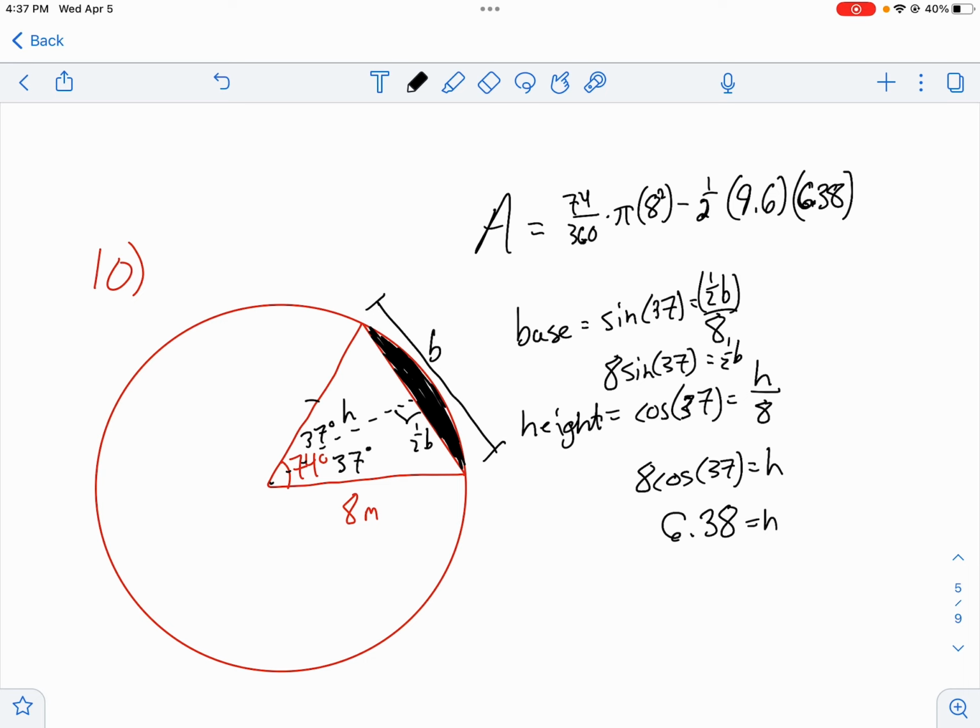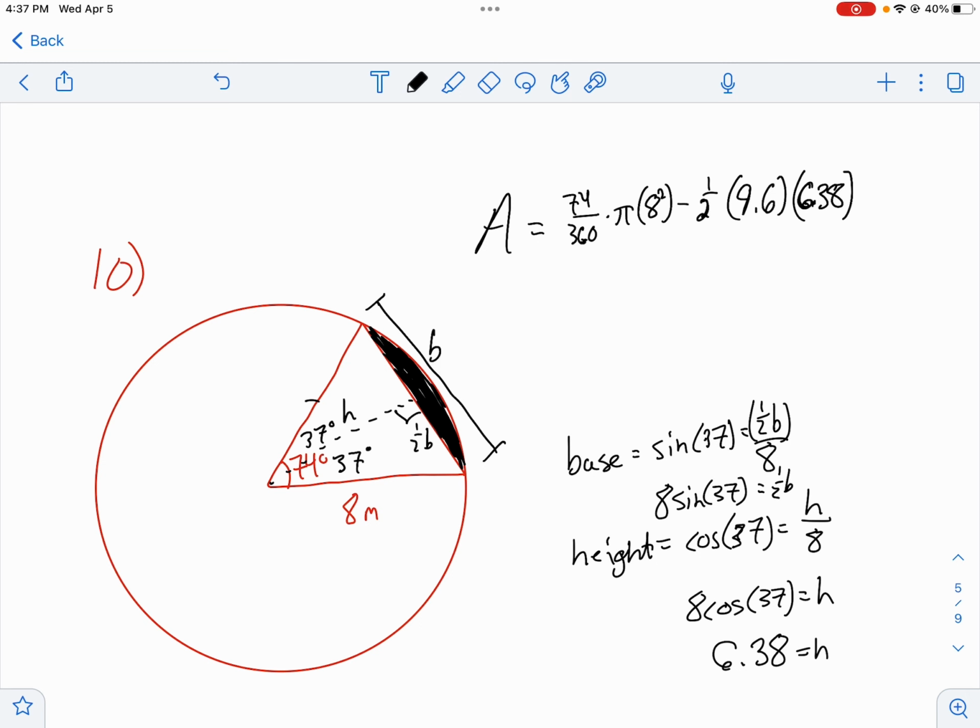Okay, so this whole multiplication and subtraction up here is going to be my area. So I'm going to need 74 over 360 now, just typing everything in. That's just a number, times pi times 64. That is 41.3-ish.